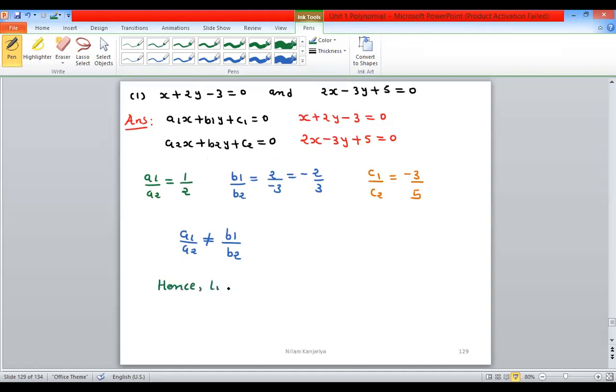Hence the lines are intersecting and it has one solution.